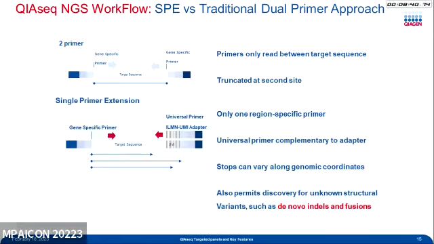So that is why we are able to cover the second part, which can be novel. By using this method, we are not only going to find known mutations or known fusions, but also novel gene fusions which are attached with a known gene or known gene partner.